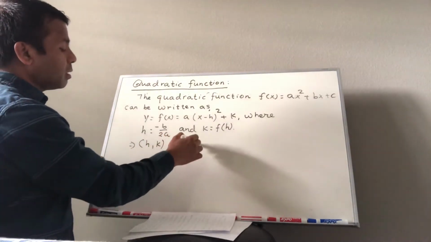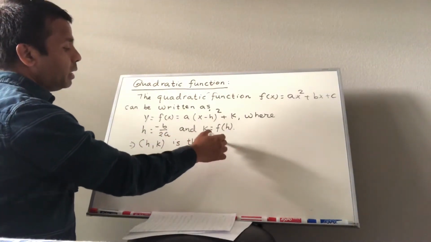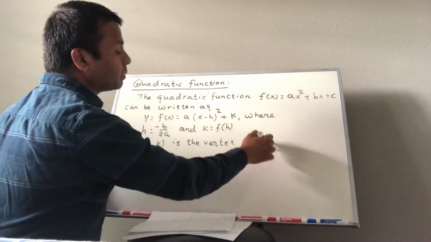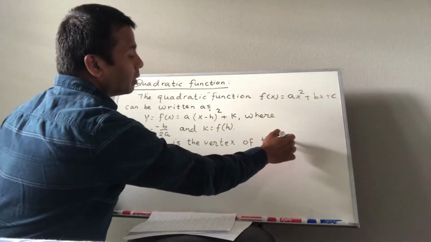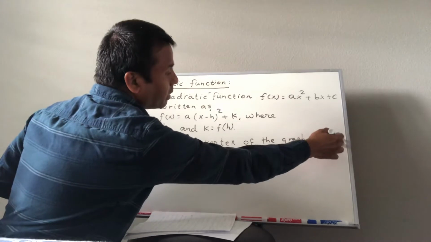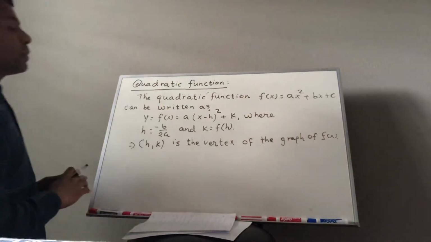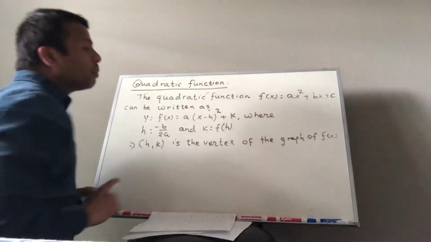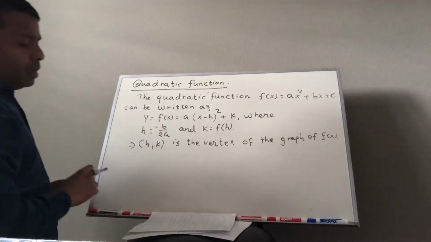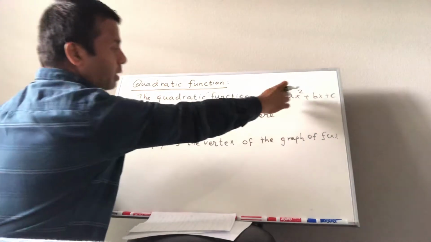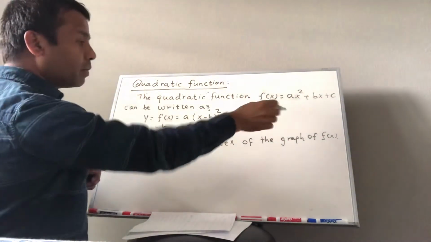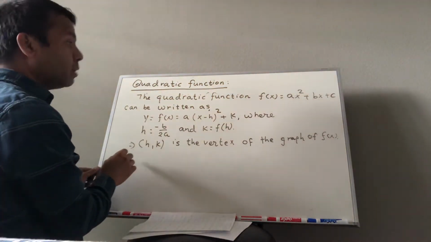is the vertex of the graph of f(x), and this is a polynomial function with real coefficients defined over the real numbers, right? So the graph of the function f(x) will be a parabola.